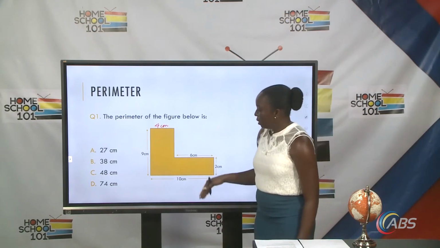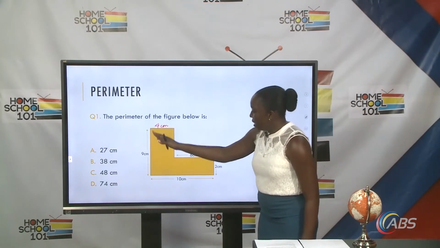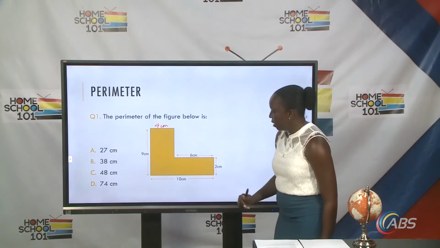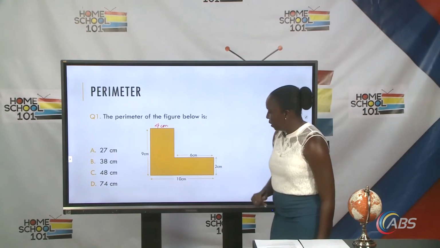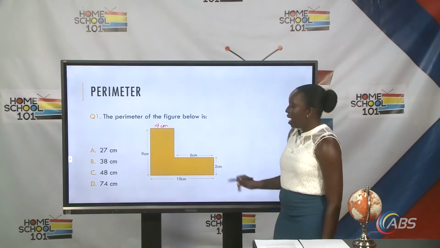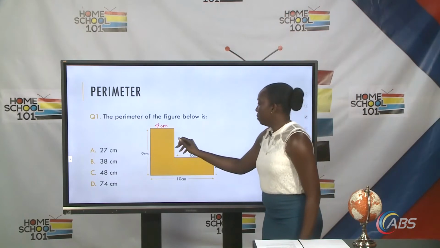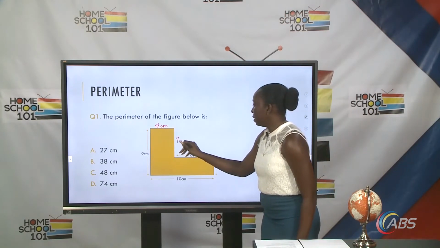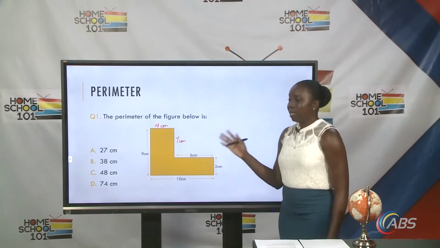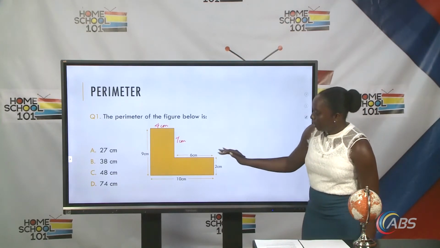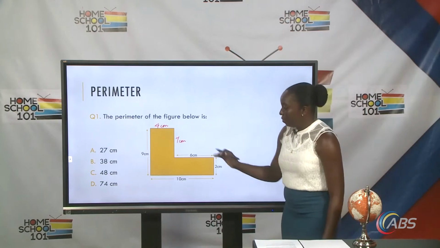Now we look at the vertical sides. We have 9 centimeters, 2 centimeters, and we don't know the other side. But we know that from top to bottom, it's going to be 9 centimeters. And if a part of it is 2, if we take 2 from 9, we will get 7 centimeters, right? So now that we have all of the sides for our figure, we are able to find the perimeter.